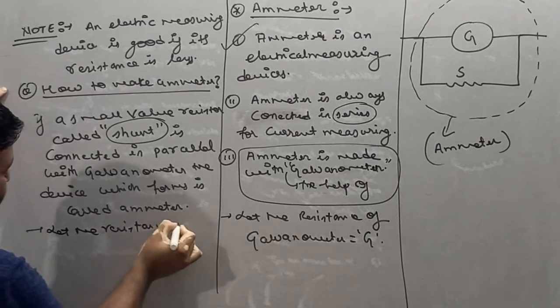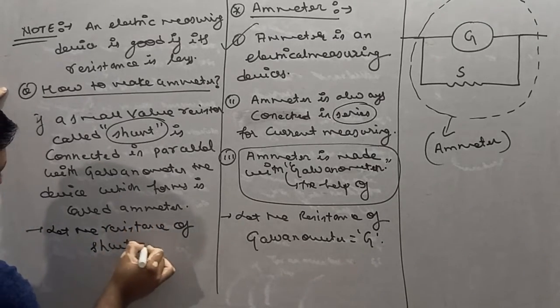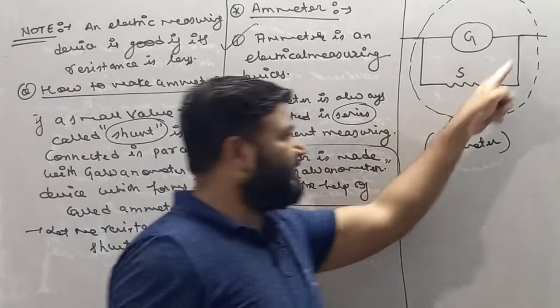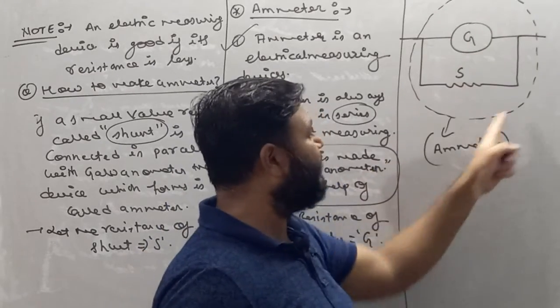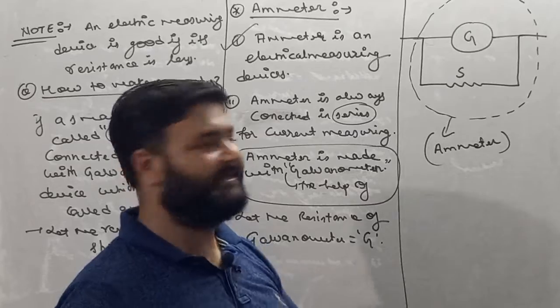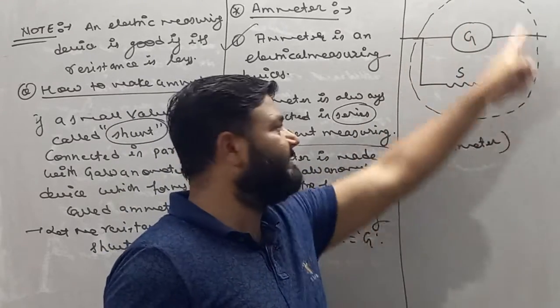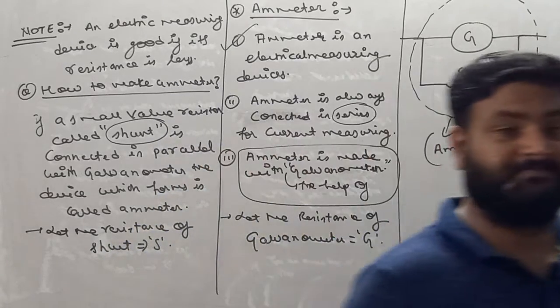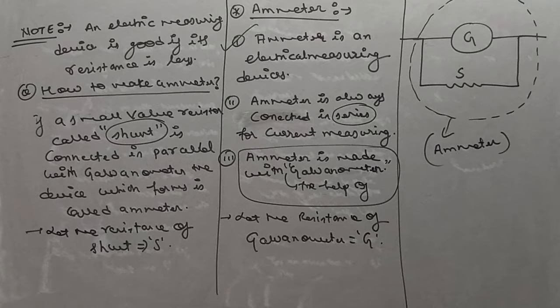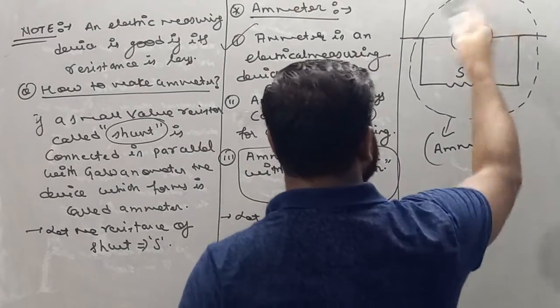Let the resistance of the shunt be S, connected in parallel with this galvanometer. Both form an ammeter, because the net resistance now comes out lesser than the value of the shunt. Remember this thing. So, how to form an ammeter? If we connect a small value resistor called a shunt in parallel to a galvanometer, the device which forms is called an ammeter.